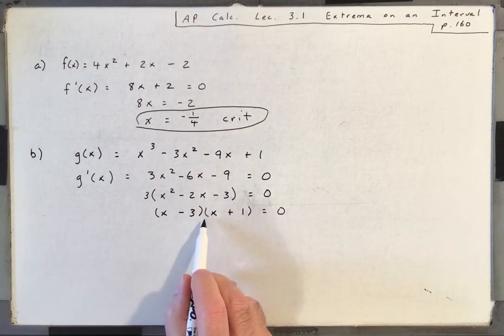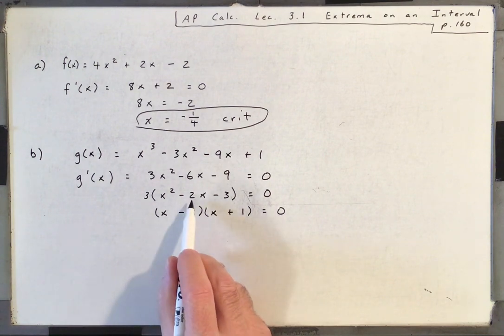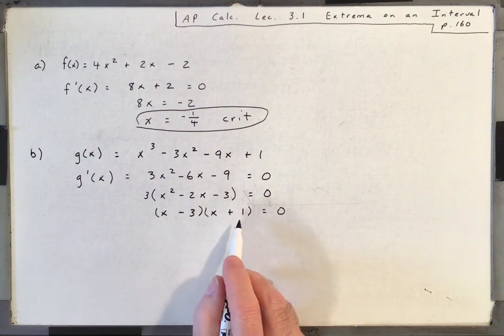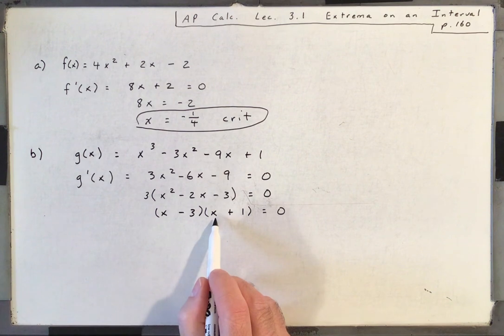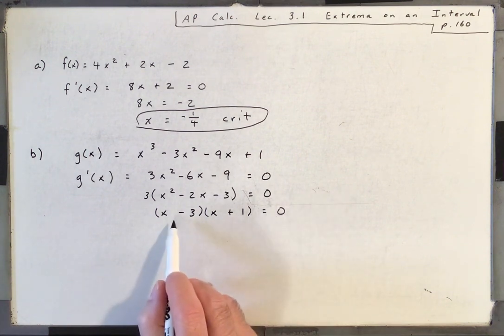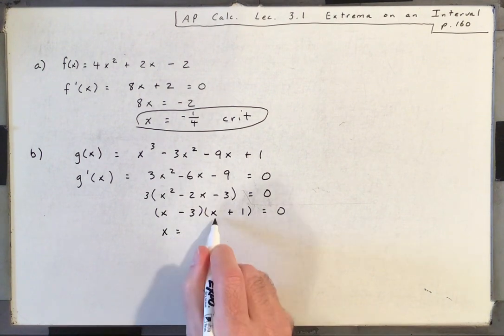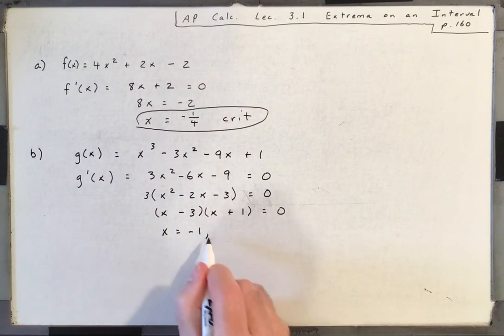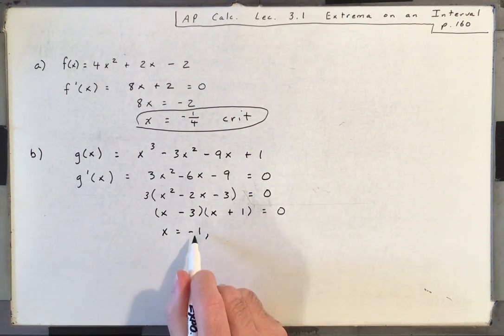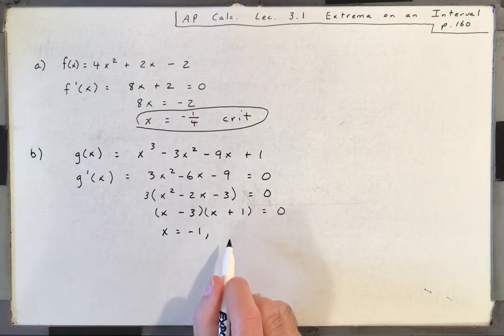If we FOIL that back out, it'd be x squared minus 2x minus 3. So what values of x would make each one of these 0, it's going to be -1 and 3. And you do want to list them least to most.